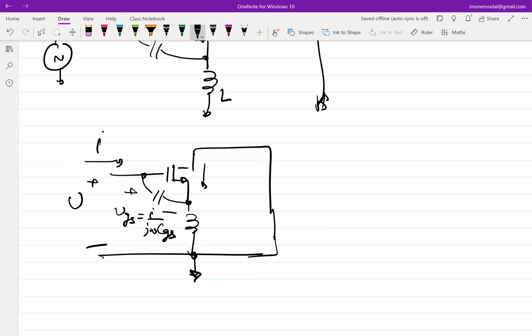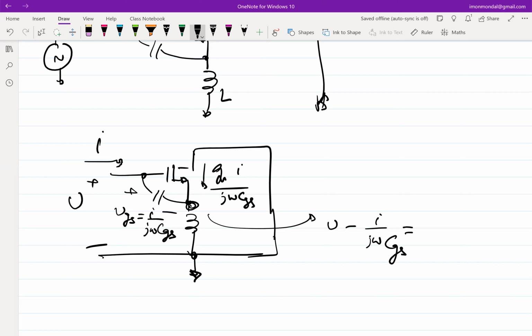So this current will be GM times I by j omega CGS. So this voltage is essentially V minus I by j omega CGS, which is equal to the total current times j omega L, right?